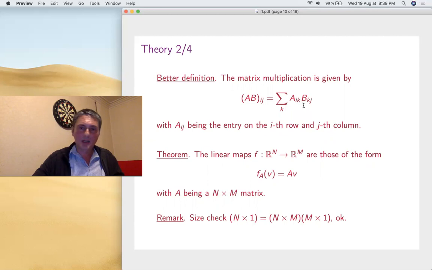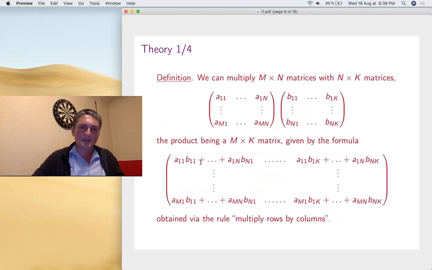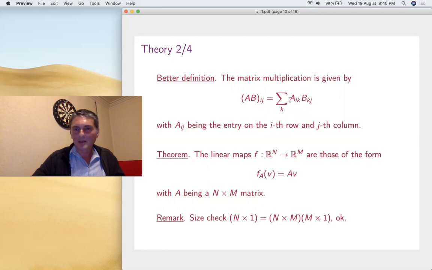Why? Because let's go back here. Take i is 1, j is 1. It's just a simple sum, and what varies is the index in the middle, from 1 up to n. The first is fixed. So everything here is a sum of n terms that varies in the index in the middle.